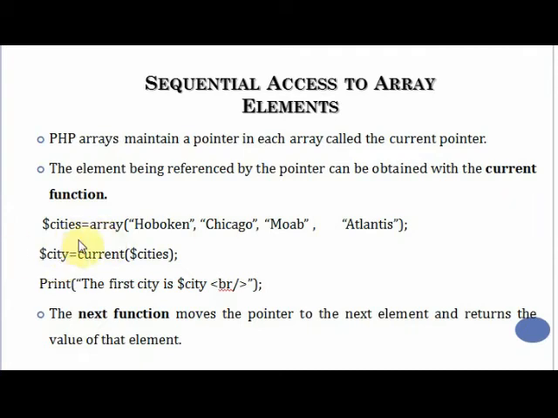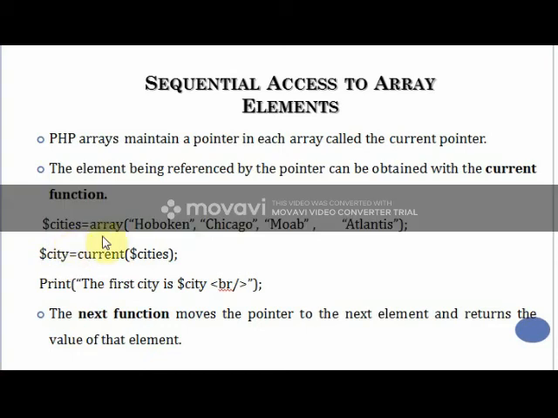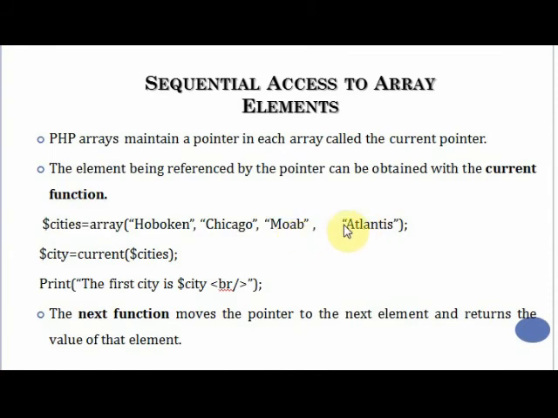So we will see an example here. You have an array called cities. You have used the array construct and created an array whose name is cities, and the values are Hoboken, Chicago, Moab and Atlantis.